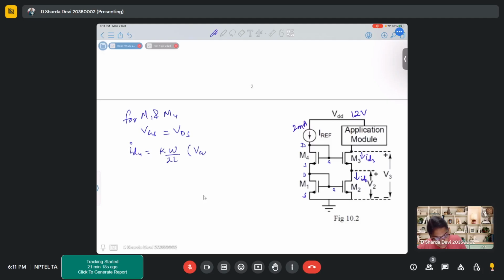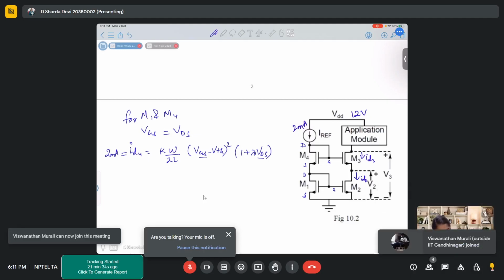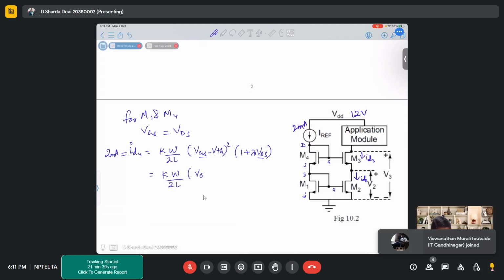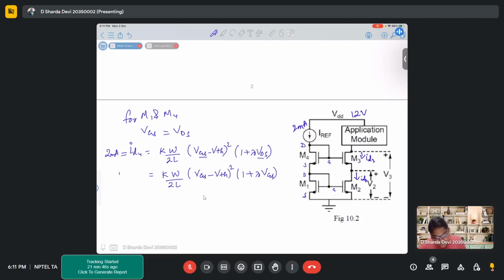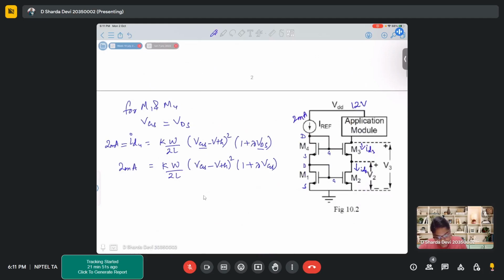kW by 2L (VGS minus VTH) whole square (1 plus lambda VDS) is the current that is flowing through transistor 4, which is equal to 2 milliamperes. Now here your VGS and VDS are equal, so we get kW by 2L (VGS minus VTH) whole square (1 plus lambda VGS) equal to 2 milliamperes. kW by L was 1 milliampere per volt square.